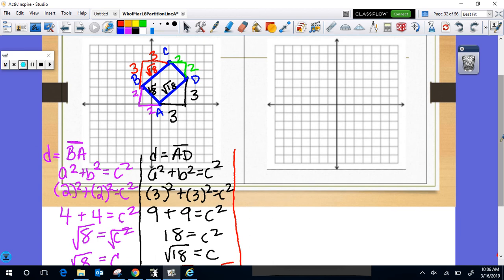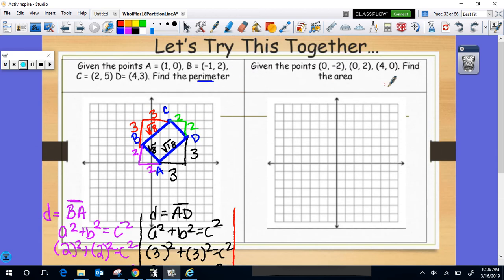Now let's go here and let's find the area of these given 3 points. So I'm going to plot them: 0, -2, I'm just going to call it A. And then I'm going to go to 0 and 2, 1, 2, and call this B. And the next point was 4, 0: 1, 2, 3, 4. And this here is C. Well, this is a triangle.